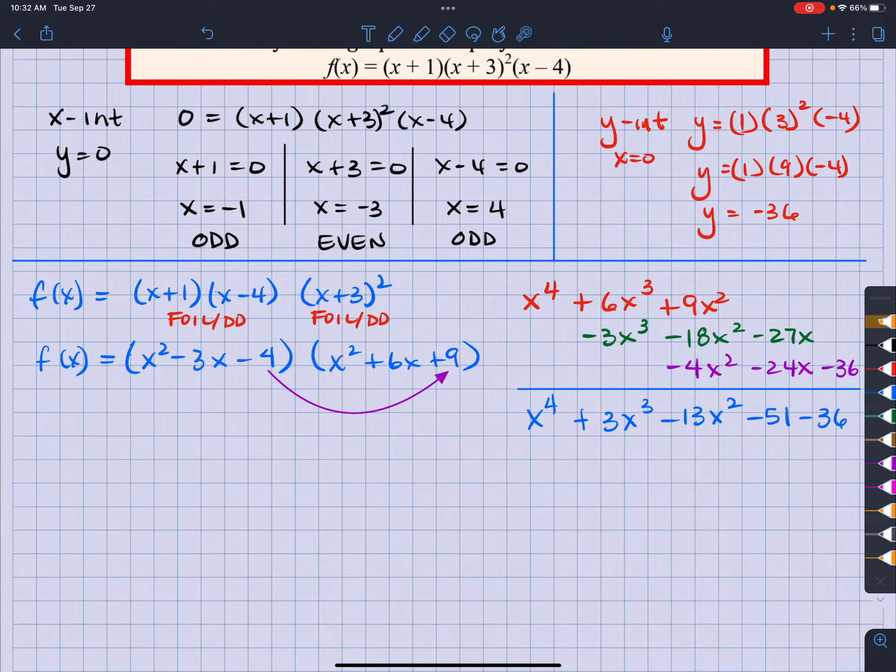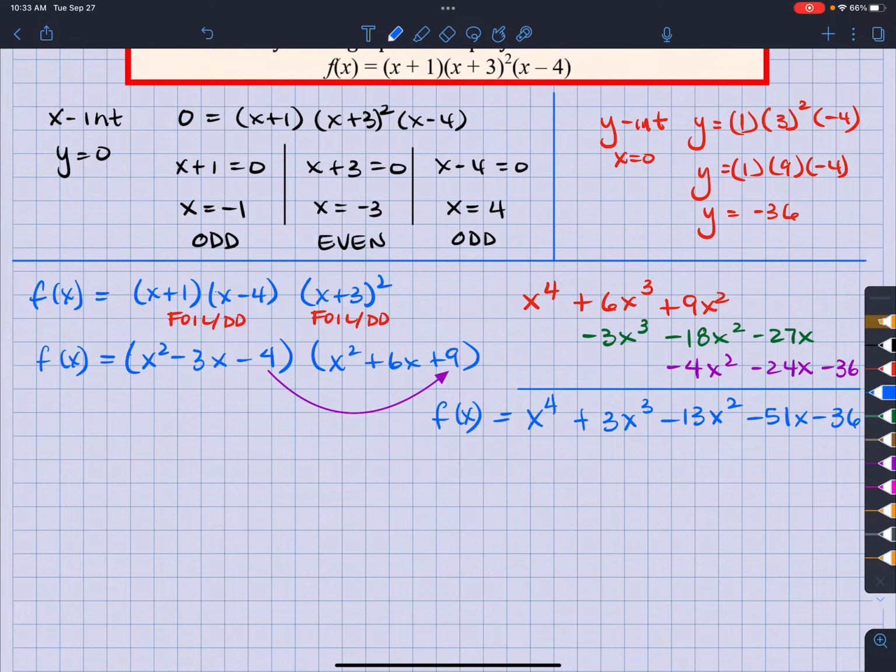So I could have got this y-intercept right here instead of plugging all those in, because this would have been 0, 0, 0, and then left with negative 36. So this is going to be the f of x.